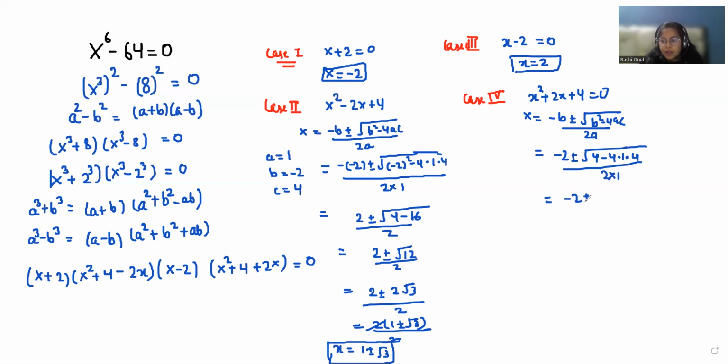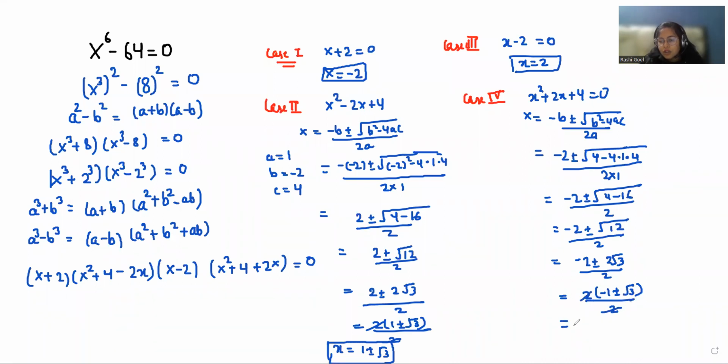So minus 2 plus minus square root of 4 minus 16 by 2. So minus 2 plus minus root 12 by 2, minus 2 plus minus 2 root 3 by 2. If I take 2 as common, minus 1 plus minus root 3 by 2. Cancel out. The roots are minus 1 plus minus root 3.